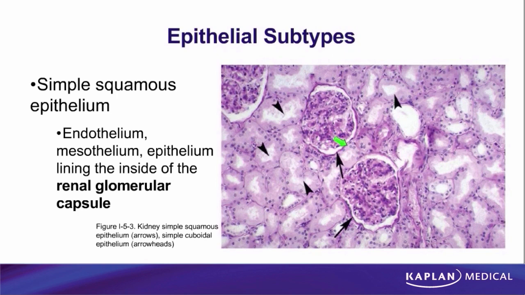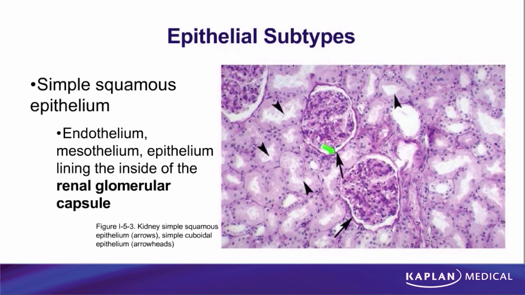And we would expect to see simple squamous epithelium, in other words, an extremely thin epithelium, in places where we want to see things moving across that epithelium pretty easily. So we're going to see that lining blood vessels, endothelial cells. We're going to see that on Bowman's capsule in the kidney, where material crosses from the blood system into the renal system.